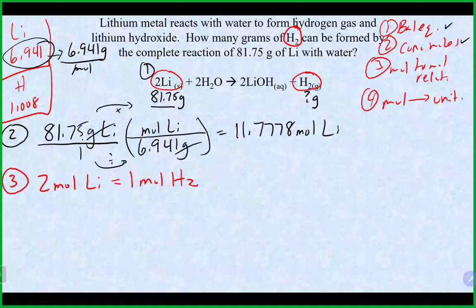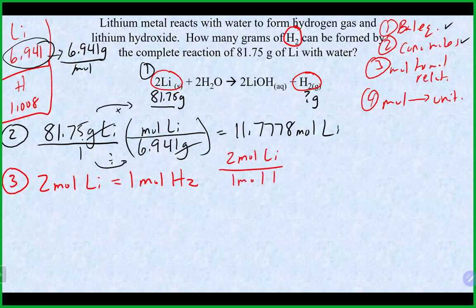That is the coefficients from the equation, 2 and 1, again giving us 2 possible conversion factors we could use, and again, it's just the fraction. You could reverse it: 1 mole of H2 up on top and 2 moles of lithium.